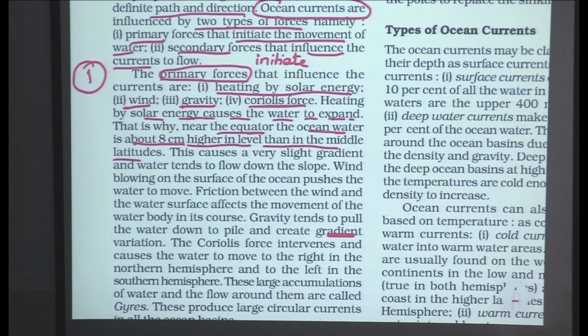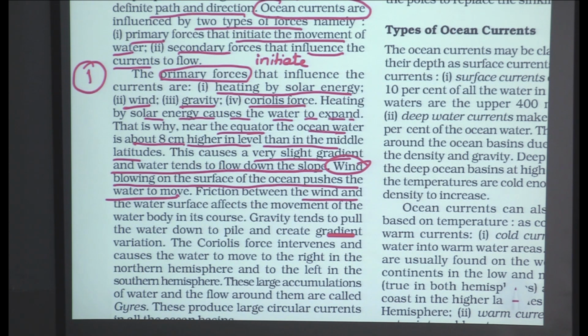Now you have to understand that there is a latitudinal variation in height primarily because of solar energy. This causes a very slight gradient and water tends to flow down the slope. Now if the water is flowing down the slope, what will happen? Comes in factor number 2, wind. Wind blowing on the surface of the ocean pushes the water to move.